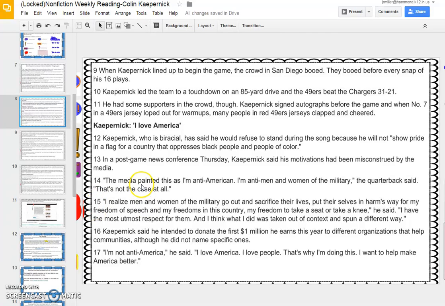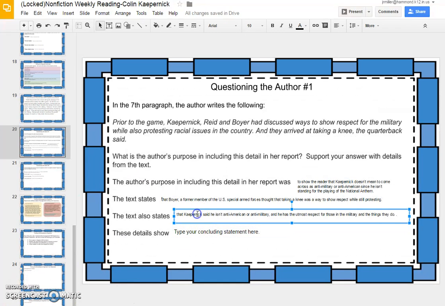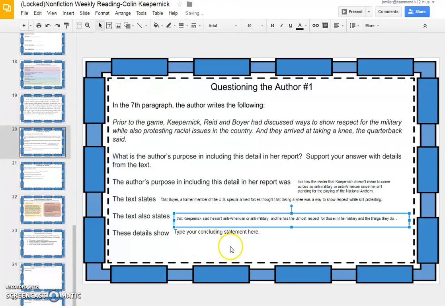And something that I can do is paraphrase the information so that I'm combining this. So here's my second piece of evidence. Again, I decided to take information from both the 14th and 15th paragraphs and combine it into one sentence. The text also states that Kaepernick said he isn't anti-American or anti-military, and he has the utmost respect for those in the military and the things they do.